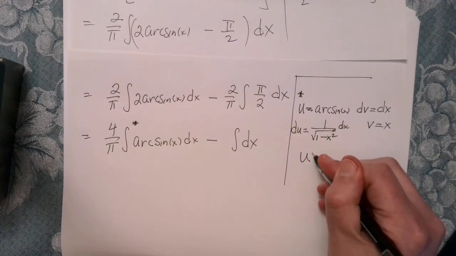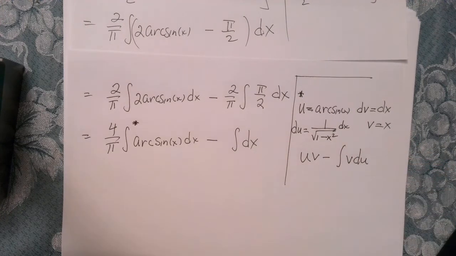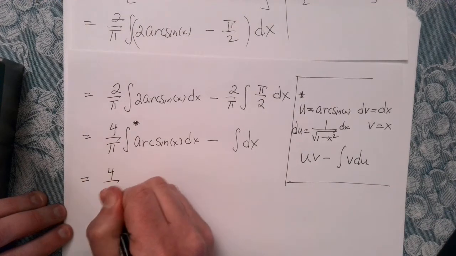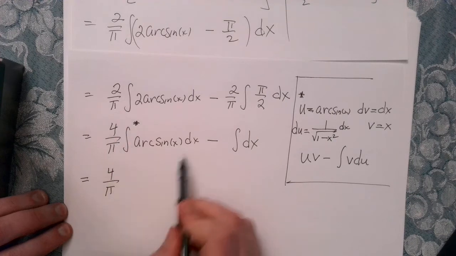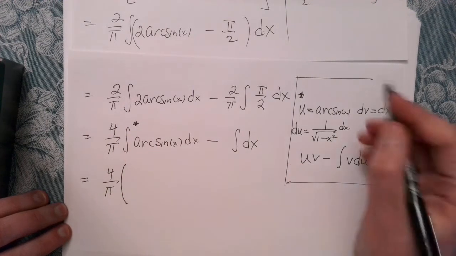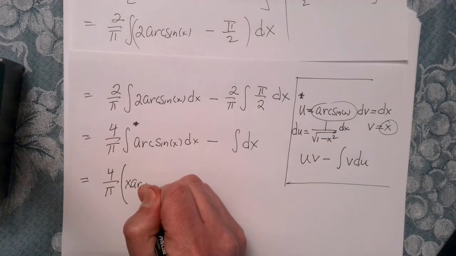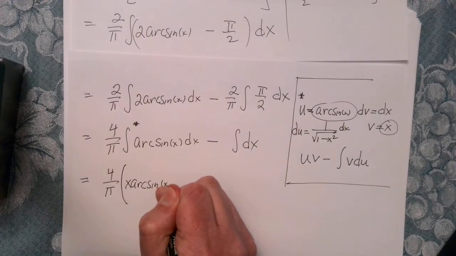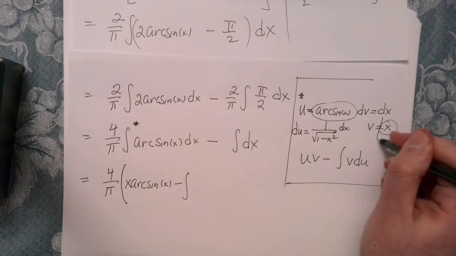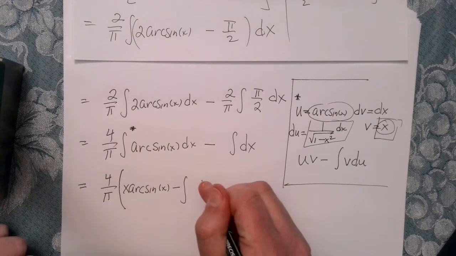Okay, so now I need my integration by parts. I just need to fill that in and be careful. So 4 over pi, that's going to affect everything here. So this is going to get replaced with uv, minus the integral of v du.